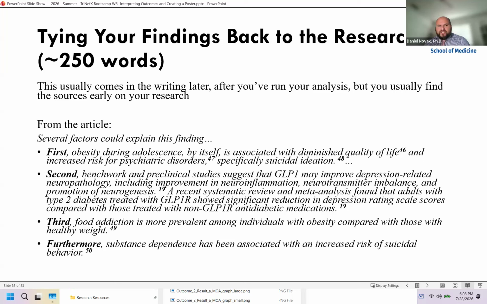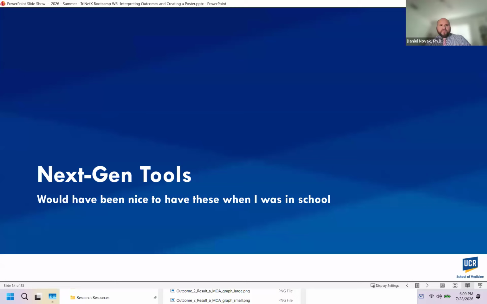From this article, you can see that they went really specifically and they tied it back to four or more different factors that could explain their findings that are already established in the research and support their study. And that is supposed to help us be more certain that their findings are real and not illusory or trash.